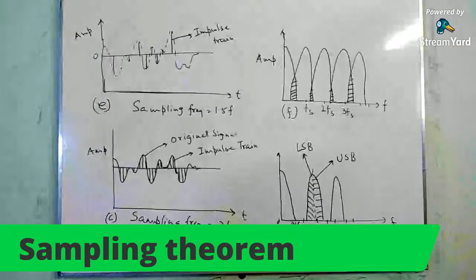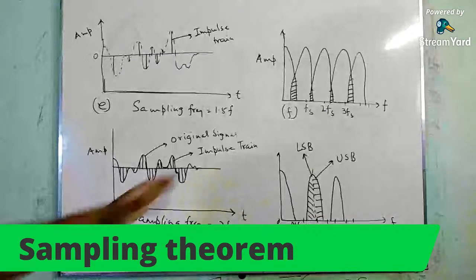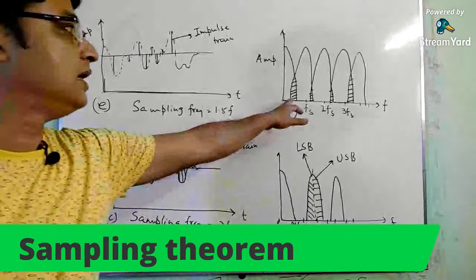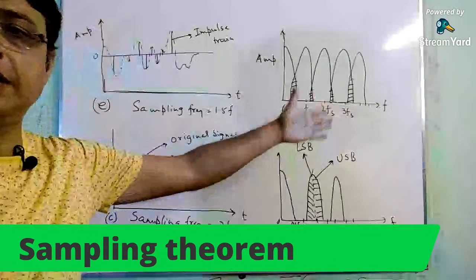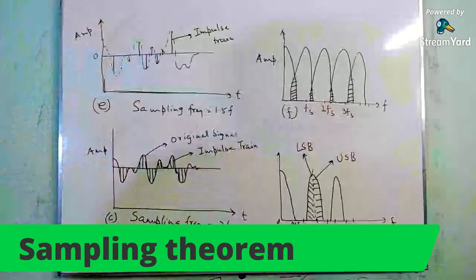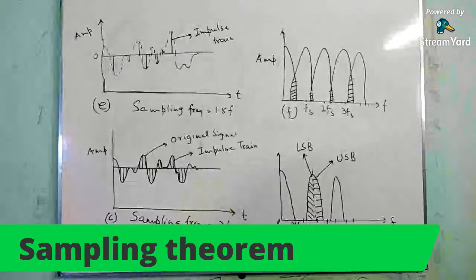Now figure F shows that the duplicated portions of the spectrum overlap each other. These are the positions in which the lower sideband and the upper sideband overlap with each other, invading the other's territory.